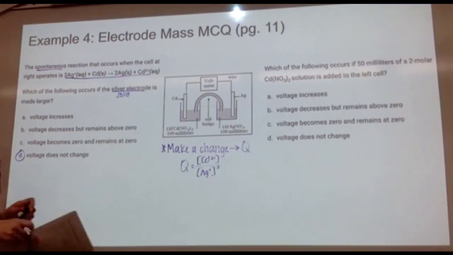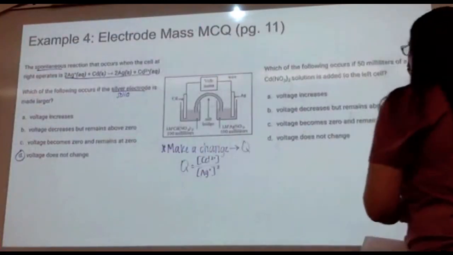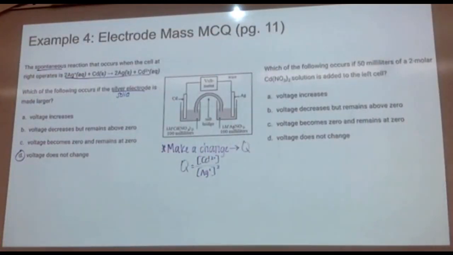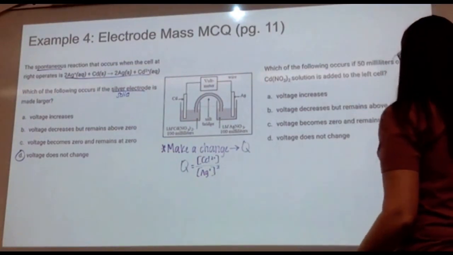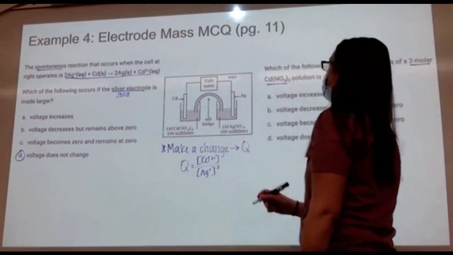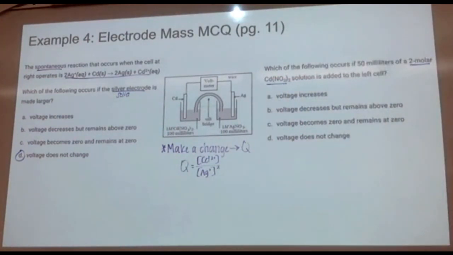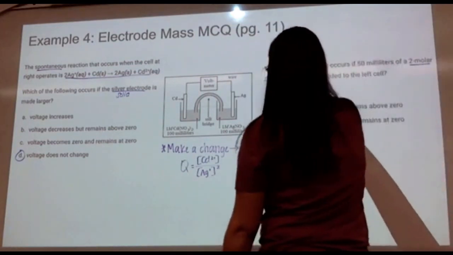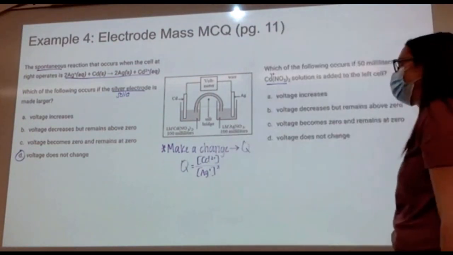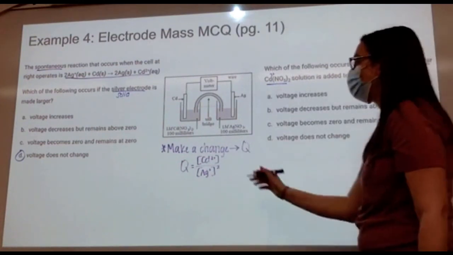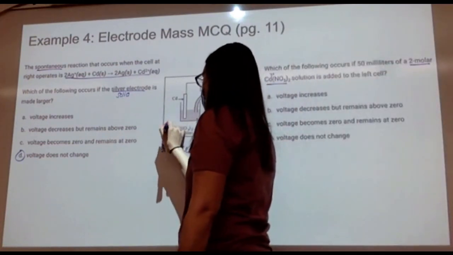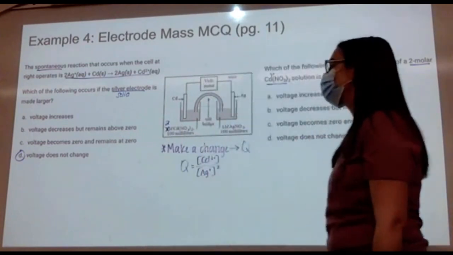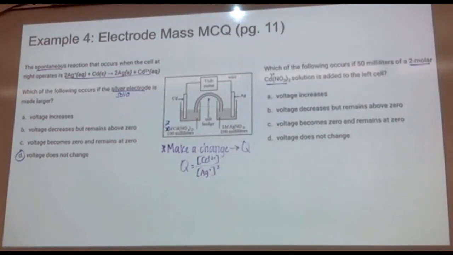Second multiple choice question: which of the following occurs if 50 milliliters of a 2 molar cadmium nitrate solution is added? Well, NO3 is a spectator, so really we're focusing on the Cd2+ ion. If instead of 1 molar, we change it to 2 molar, what's going to happen?